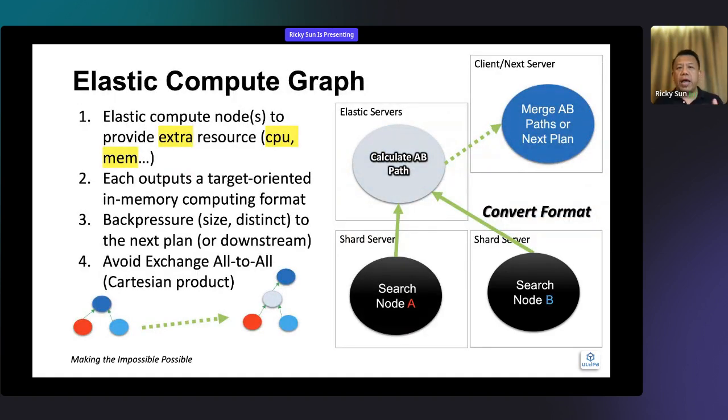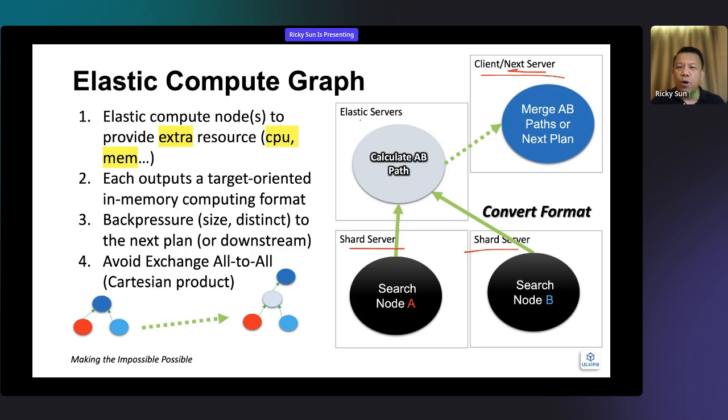So here, this is how we do the elastic compute graph. What's presented here are actually four nodes, right? Shard server for searching node A, and the search for node B happens on another shard server. These could be things that just happened based on whatever was retrieved from the two known shard servers.